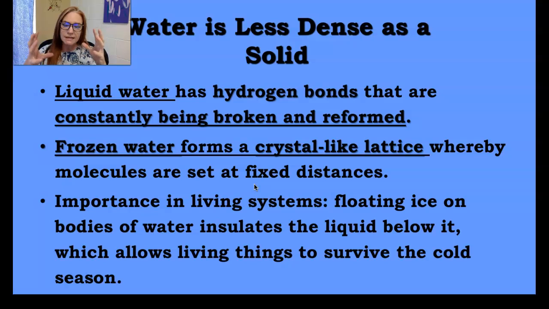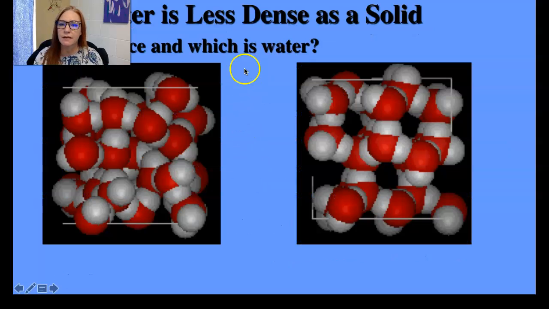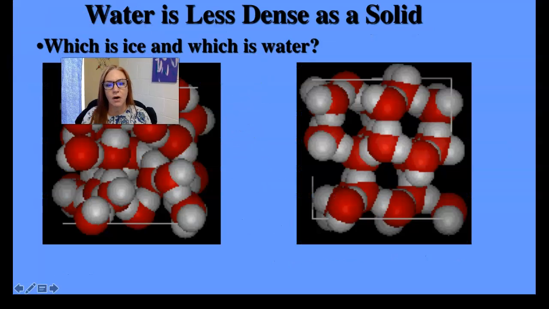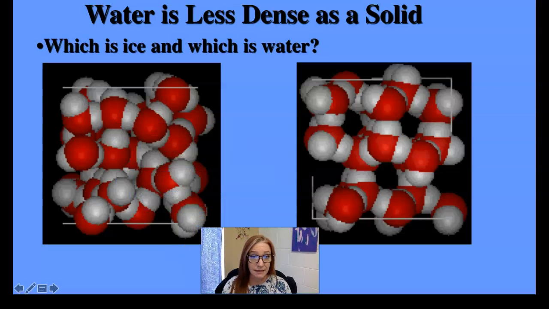When water cools down, those flowing hydrogen bonds slow and water starts to condense, starts to get a little more dense. But then right at the point of freezing, those hydrogen bonds lock into a specific angle, and we get these spaces between the molecules that cause the water to be less dense as a solid.